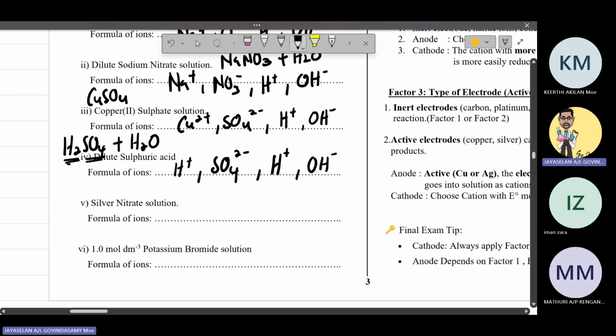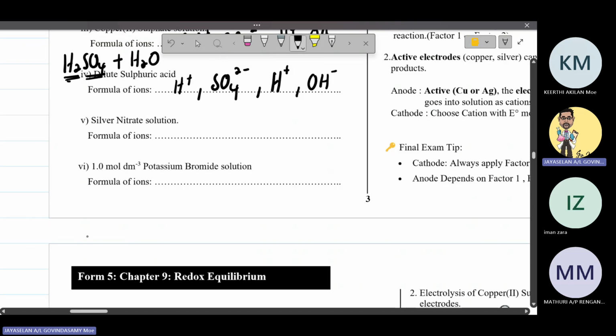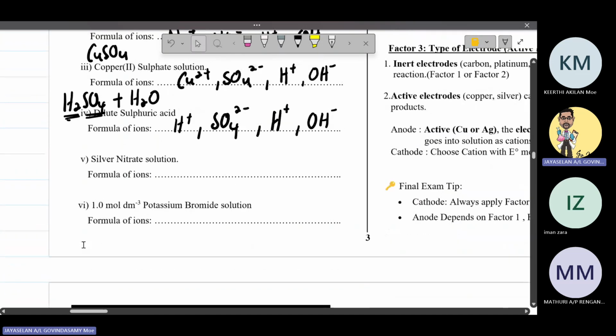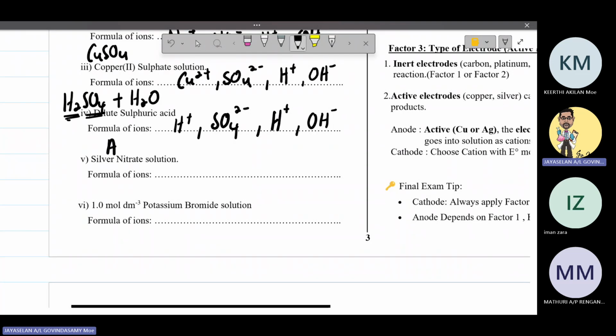Any question? No. Okay, silver nitrate, argentum nitrate, formula AgNO3. So, here we have silver ion, nitrate ion, plus hydrogen ion, plus hydroxide ion.